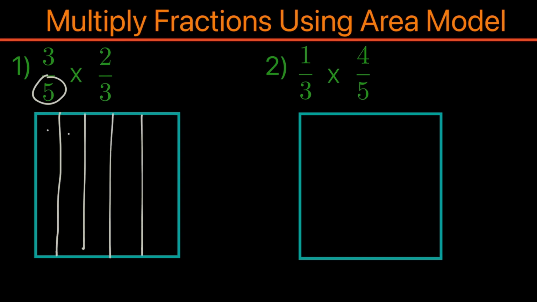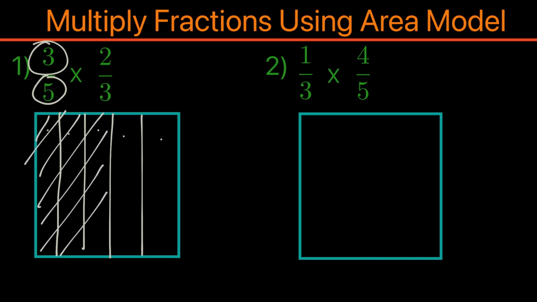And so you see there's a total of 5 sections that I just created. Then we're going to look at the numerator, 3. This means that we need to shade 3 out of the 5 sections that we've just created. Okay, so that's 3 out of 5.